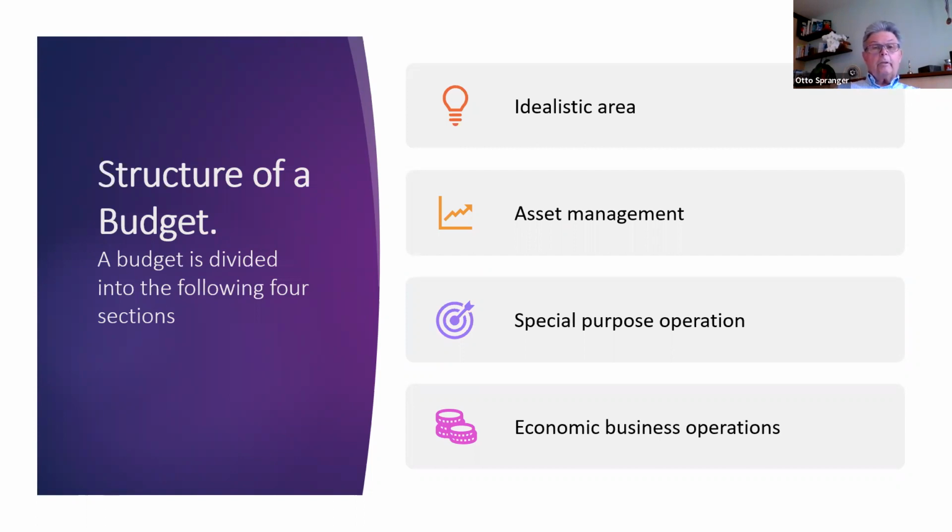Further special purpose operations like entrance fees, proceeds from sale of programs, participation fees, and economic business operation, sponsorship income, advertising income, sale of promotion materials, whatever.